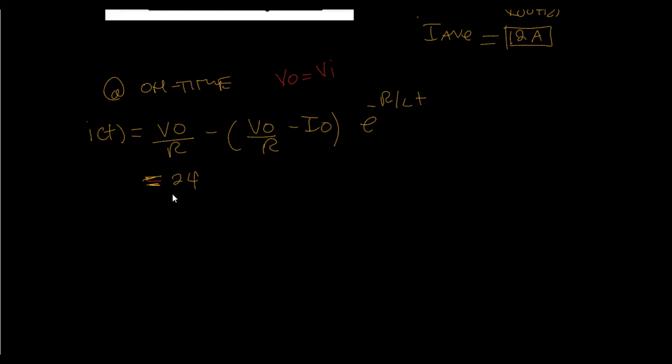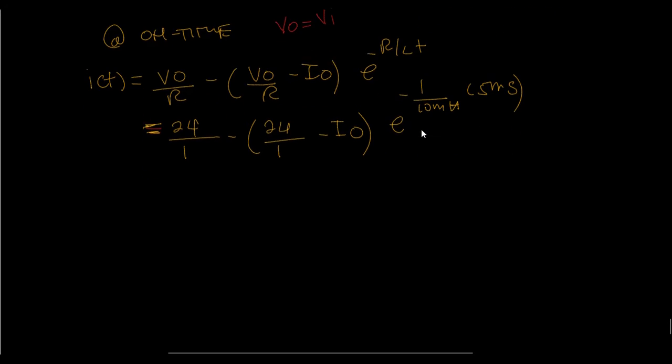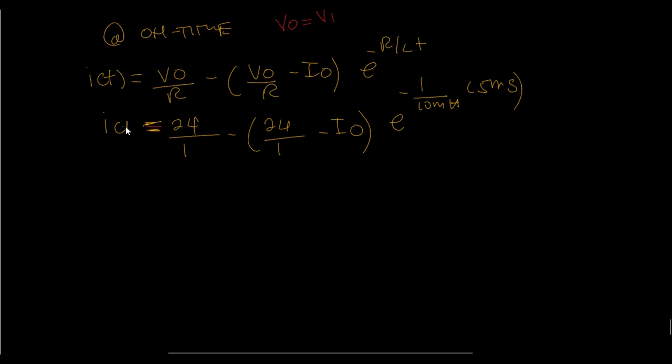So, 24 over 1 minus 24 over 1 minus initial current, times e to the negative 1 over 10 millihenry times 5 millisecond. So, this is I of t. Let's simplify this first so we won't have difficulty.